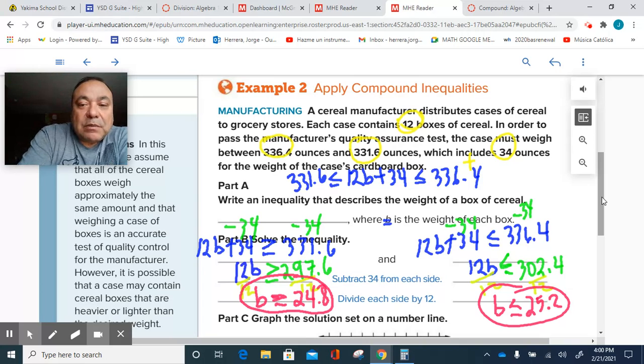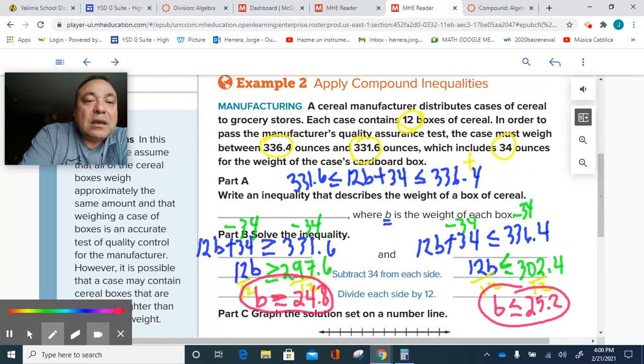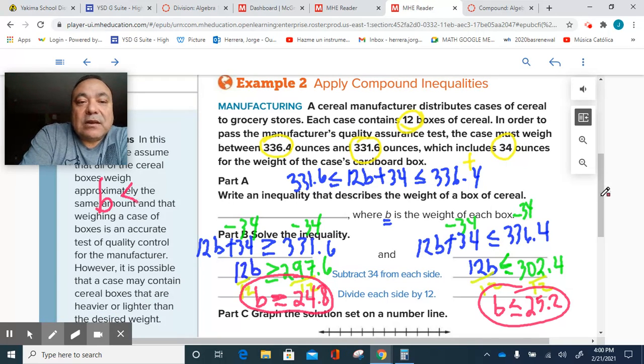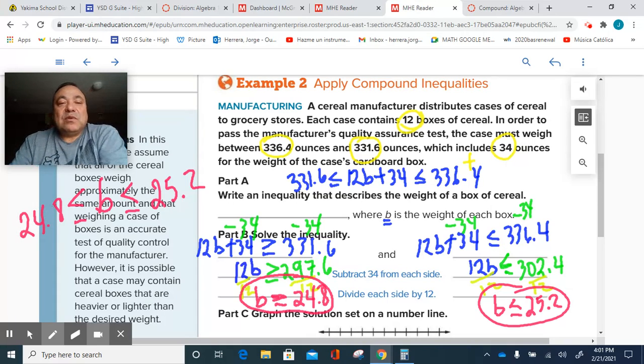We put a b in the middle, b less than or equal to 25.2, but it has to be greater than or equal to 24.8. It's the same thing that we've been doing before, guys.